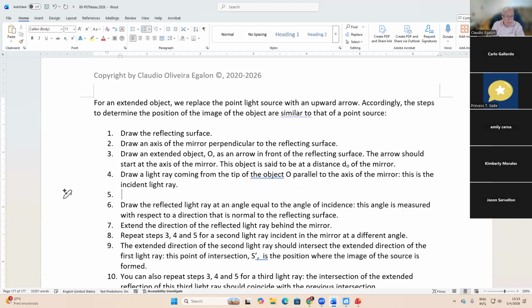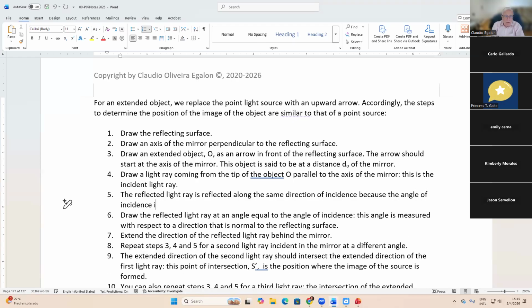The reflected light ray is reflected along the same direction of incidence.